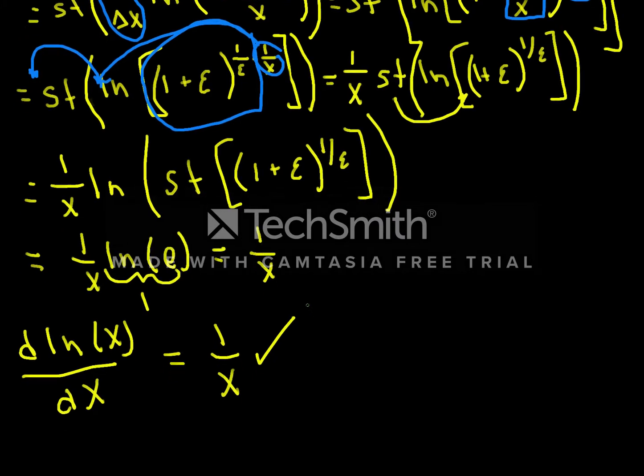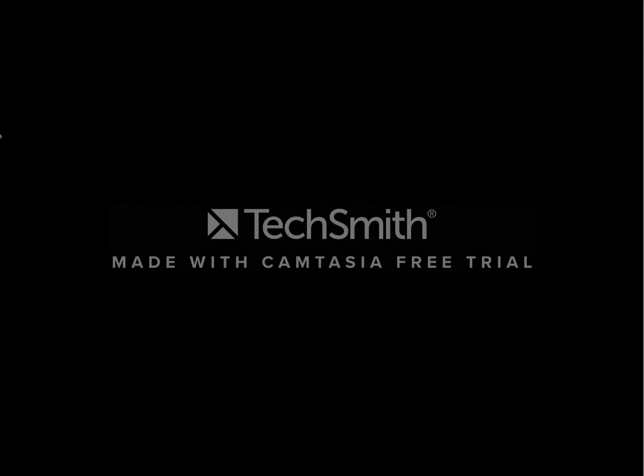So how do we get the other logs? We use a nice algebraic identity. If I look at the natural log of u, using our fact that I can rewrite u as a raised to the log base a of u.